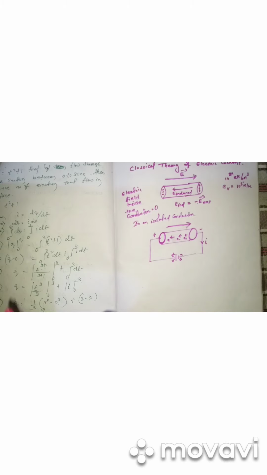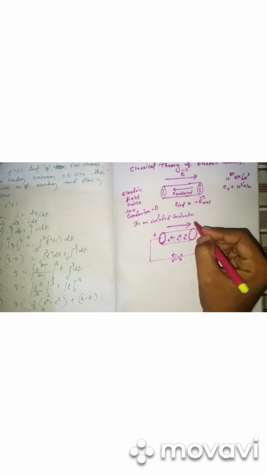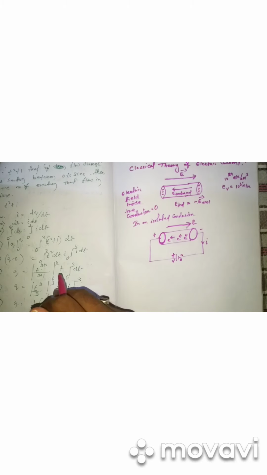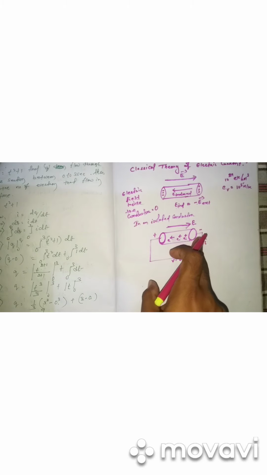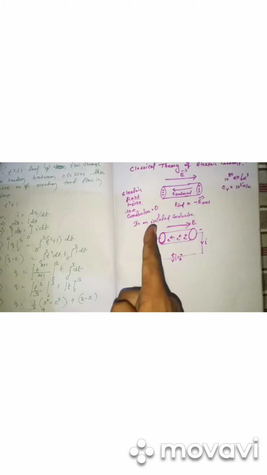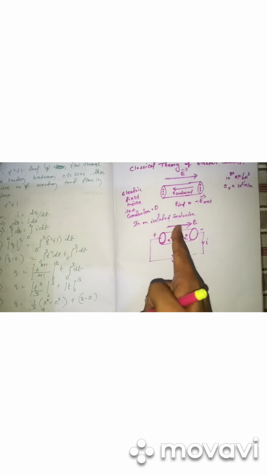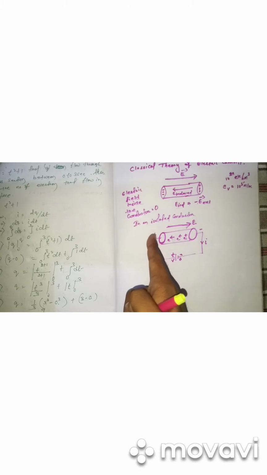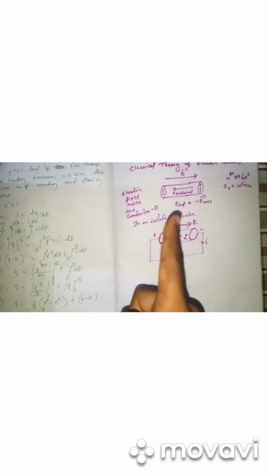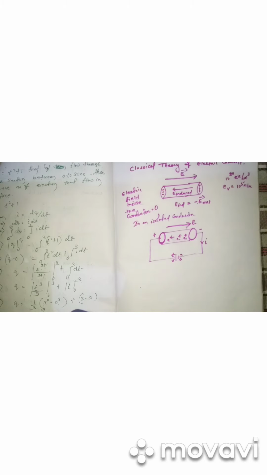Clear? So the electron moves opposite to the electric field. That's why the current also moves opposite to that of the electron. So the electron always moves from lower potential to higher potential and opposite to the electric field, but electric current moves from higher potential to lower potential along the direction of the electric field.